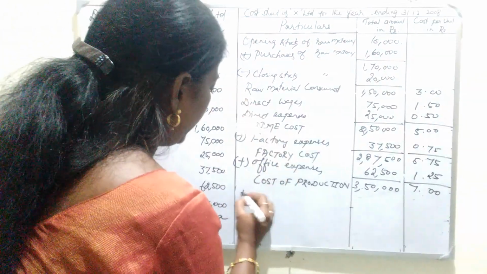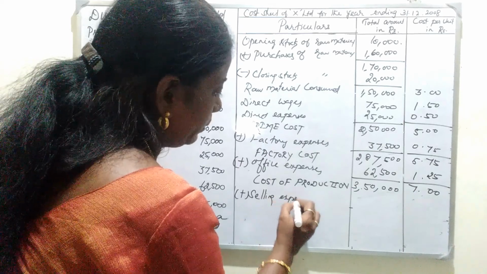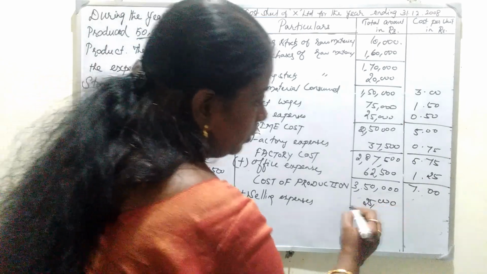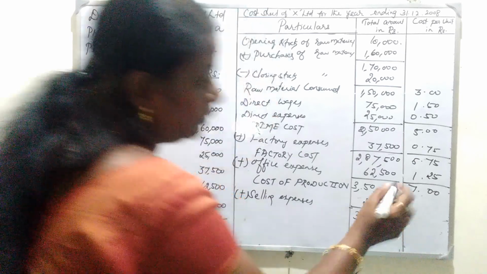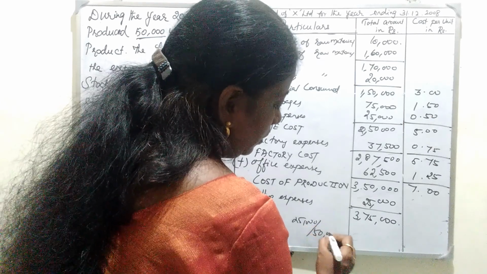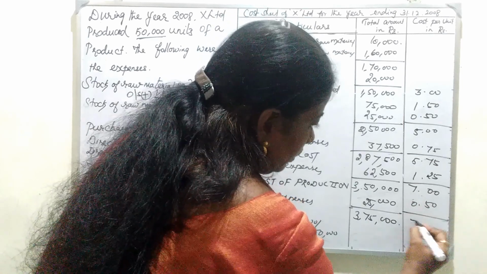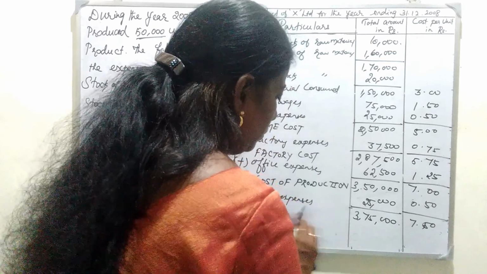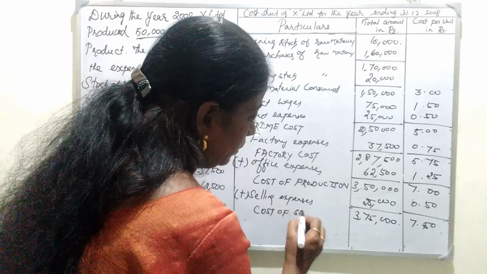Next we have to add the selling and distribution overheads, that is selling expenses, 25,000. If you add this, 3,75,000 is the total expenses of this production. For 25,000 the cost per unit value is 0.50, 50 paise. The total cost of sales is 7.50.